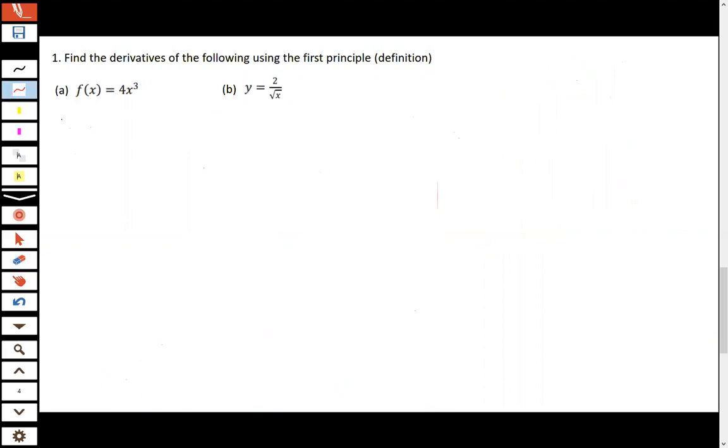So the question is y is equal to 2 over the square root of x. So how can we differentiate this using the first principle? So y prime is going to be given by the limit of f of x plus h, and then minus f of x.